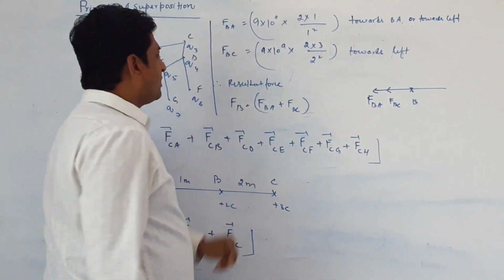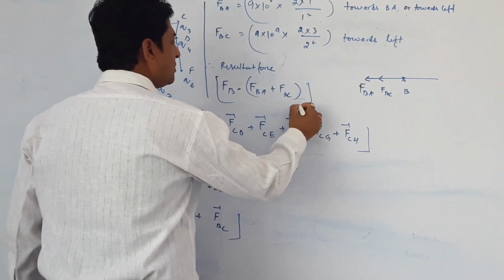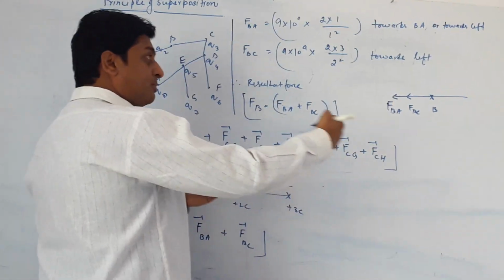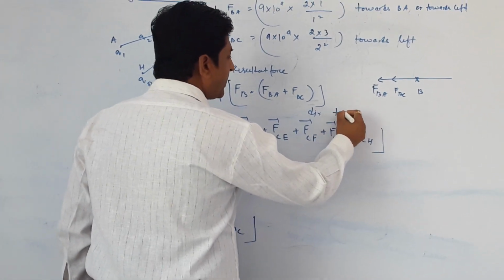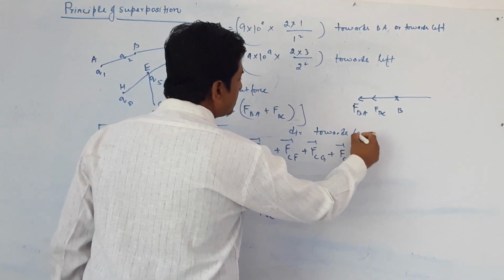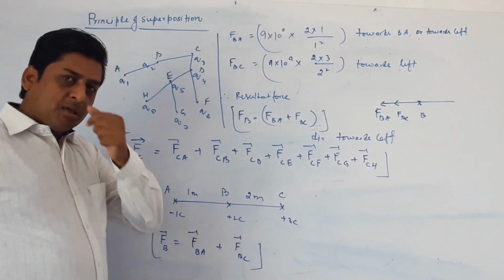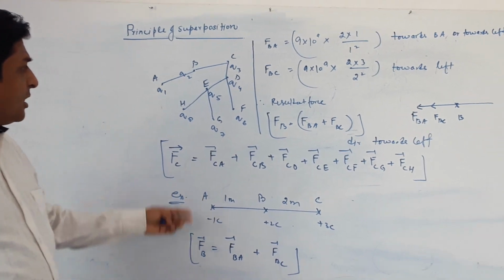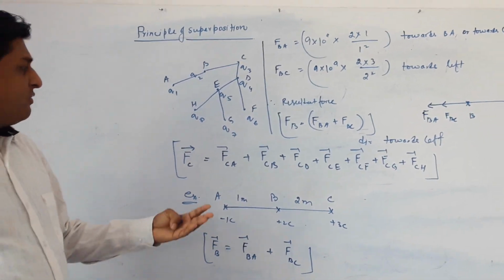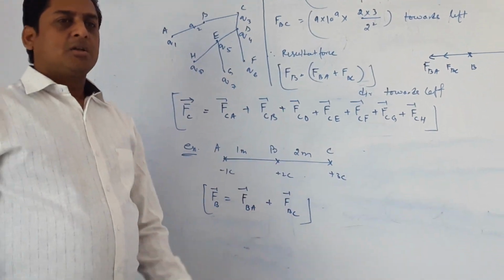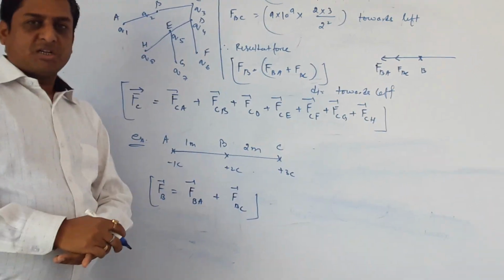When we add this, it will give the magnitude, and when you write the direction, because both are towards left, the resultant direction will also be towards left. In this way you can solve the numericals if you want to calculate force over any one charge due to a collection of a number of charges.